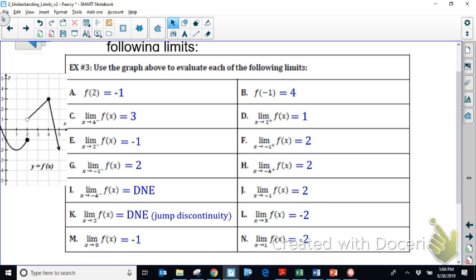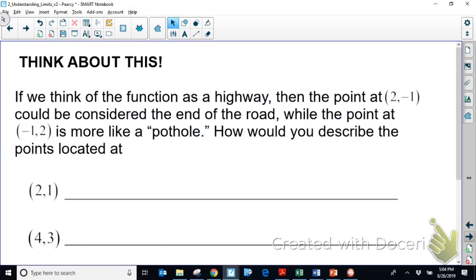All right, so that's how we use the limit notation to look at a graph and interpret it. Now, this is not the greatest thing in our notes, but it gives you a different way of identifying what you're looking at. It's an analogy: if that graph was a road, how could you describe the graph at those points?